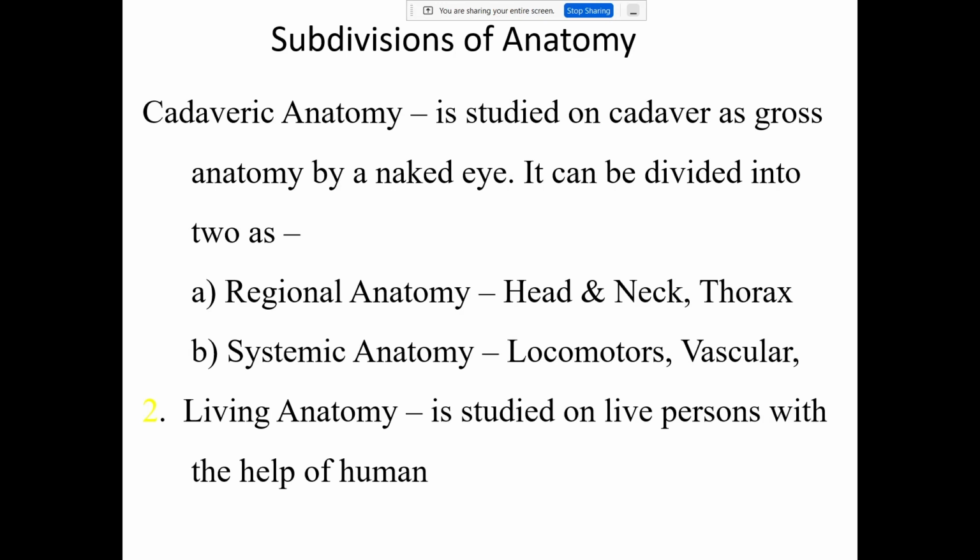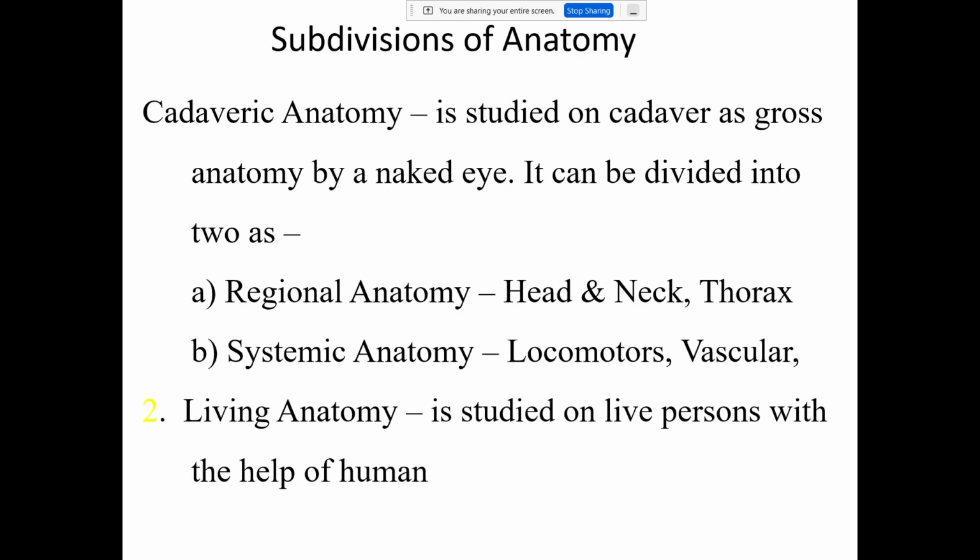Suppose I am going to study the head and neck first. Okay, you continue. No sir, I am going to first study the middle part, that is the thorax and abdomen. Okay, you continue. No sir, I would like to go first for the upper limbs, upper extremities. Yes, carry on, like that.